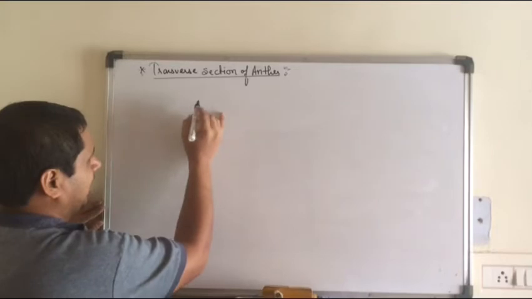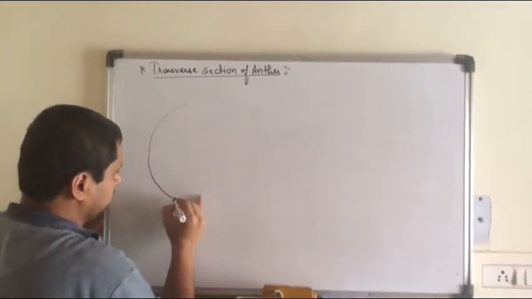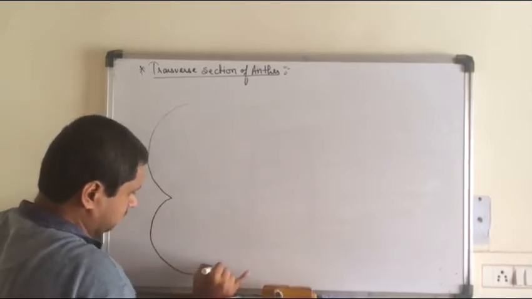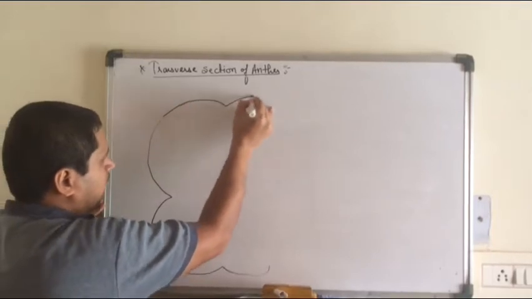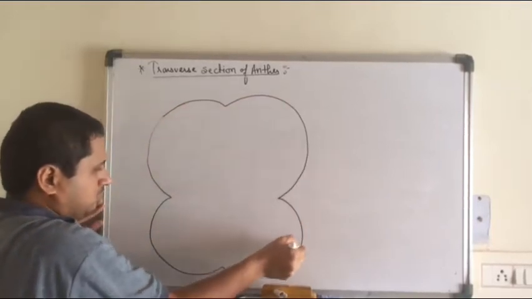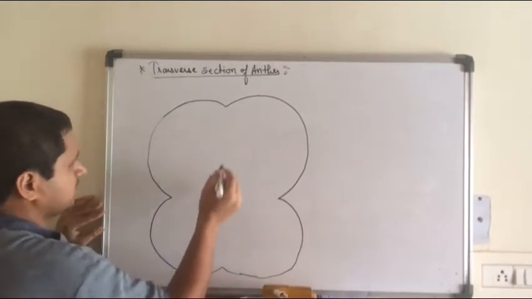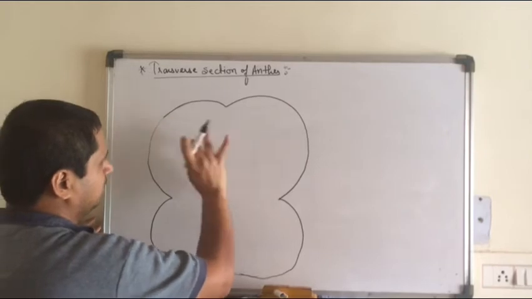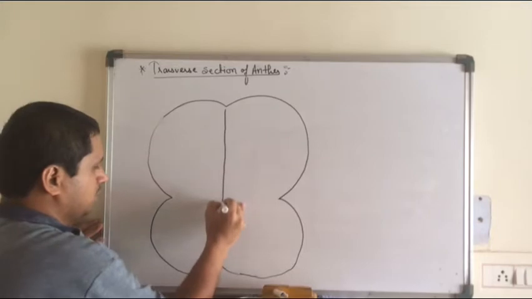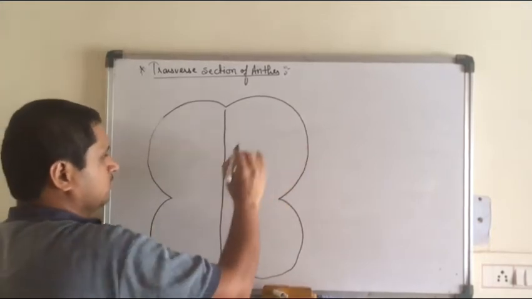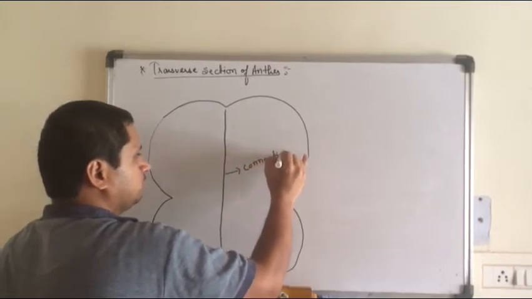Let us draw the dithecous anther first. This is the structure of the dithecous anther. There are 4 lobes, and in between is the connective tissue.